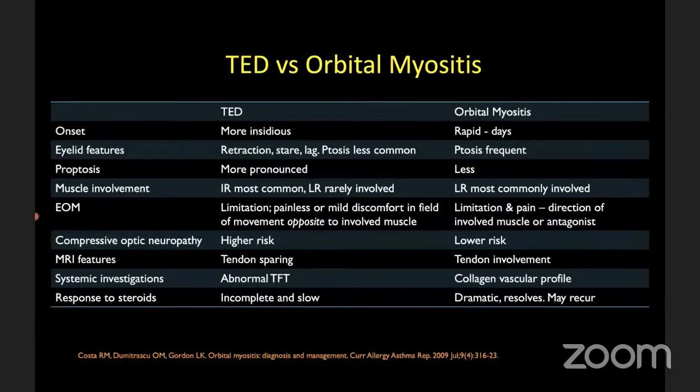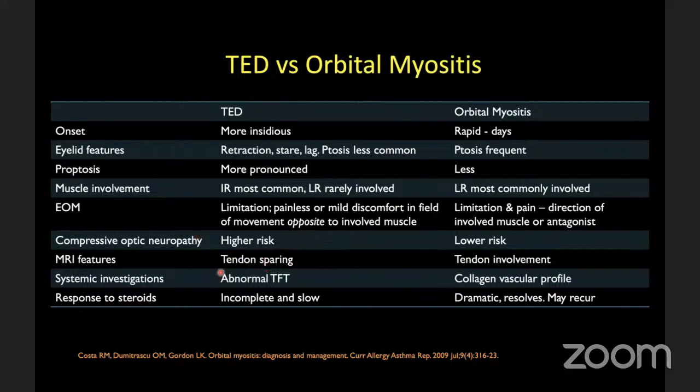So TED on one hand would have a more insidious onset, and you would have other associated lid signs like the lid lag or lid staring, the Von Graefe sign. All of that should be assessed. There is also a more pronounced proptosis in this, and usually the inferior rectus is most commonly involved. There can be limitation, but here the key differentiating factor would be the tendon sparing involvement of the muscle.